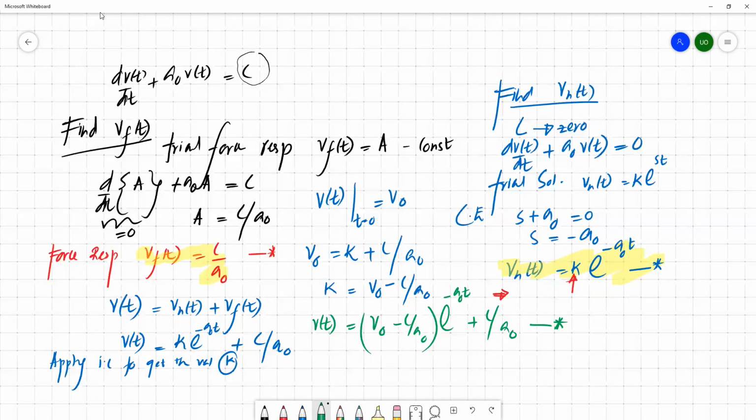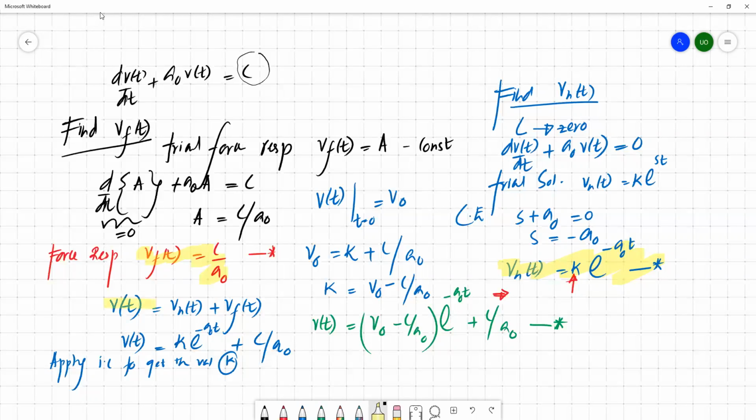Solving this characteristic equation, you can immediately find the exponent of the natural response. Then we can argue that the total response would be the sum of the natural and force responses, like here.